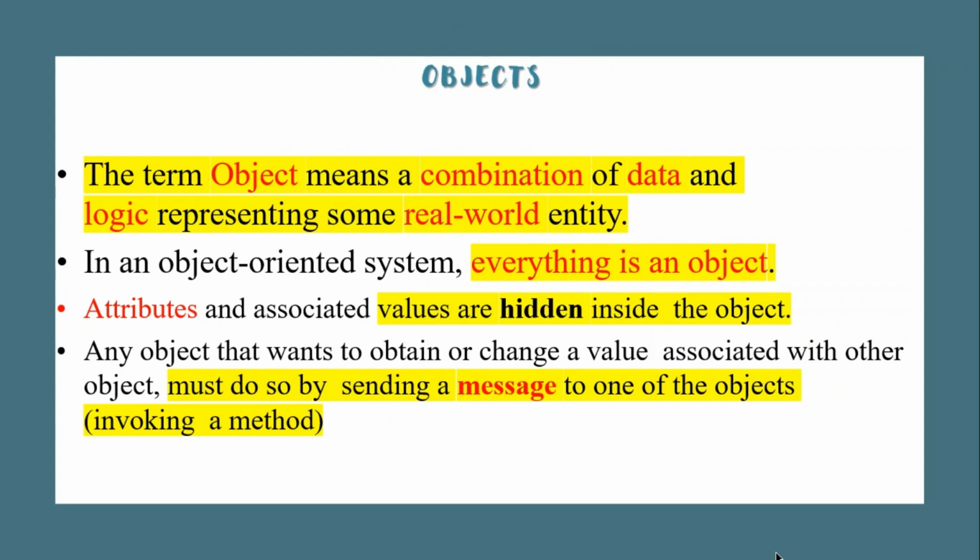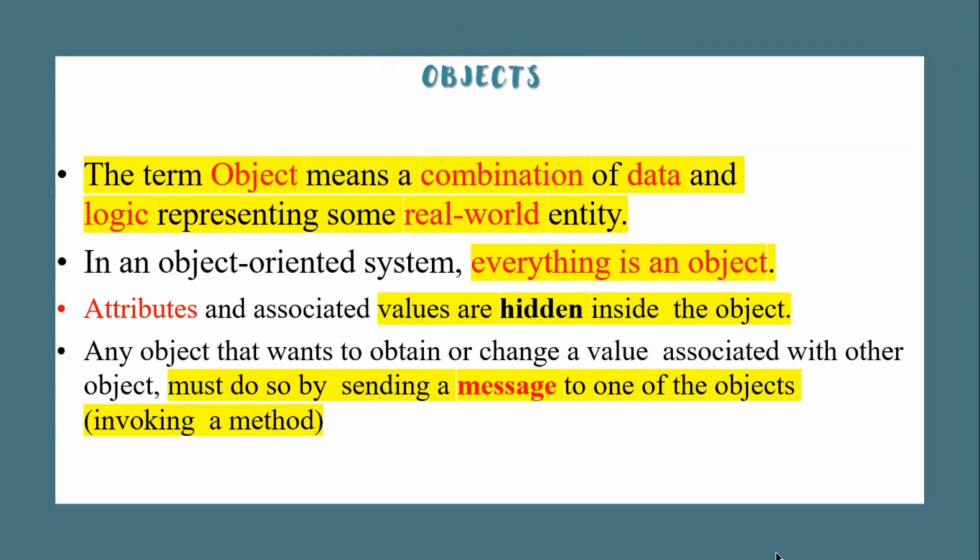We will need to get used to the word attribute, and also to methods, objects, and classes. All of these words are important in our course. So it's a combination of attributes or data and logic or methods, and this object is representing a real world entity. In an object oriented system, everything is an object, as we said.